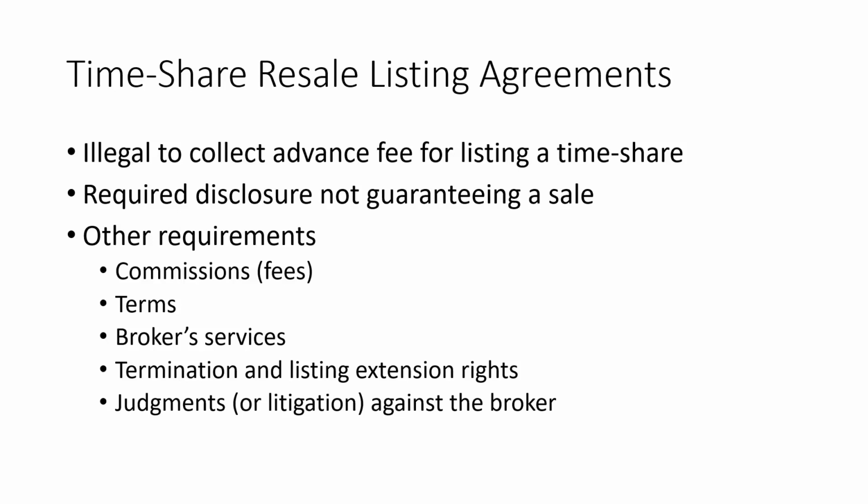They kept the money. And its required disclosure has got to include some wordage which tells you all about the commission's terms, broker services, and termination and listing extension rights, and if there's any judgment or litigation against the broker selling the timeshare.